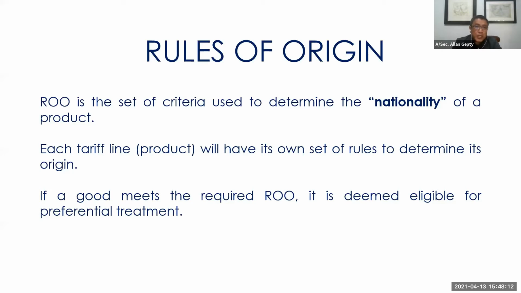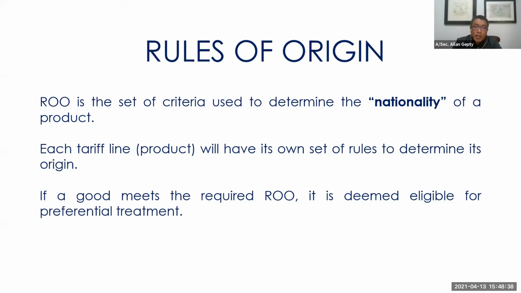Basically, the rules of origin is the set of criteria used to determine the nationality of a product. And having thousands of tariff lines, for example, in the Philippines, we have 11,000 tariff lines, each tariff line will have its own set of rules to determine its origin. Same thing with our trading partners, such as Japan, China, among others.